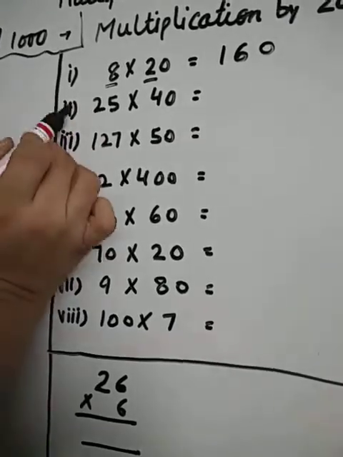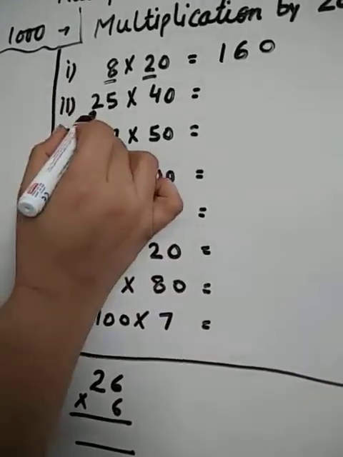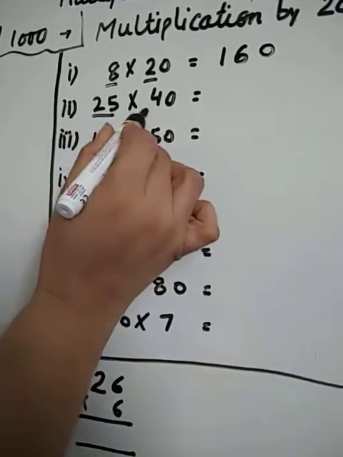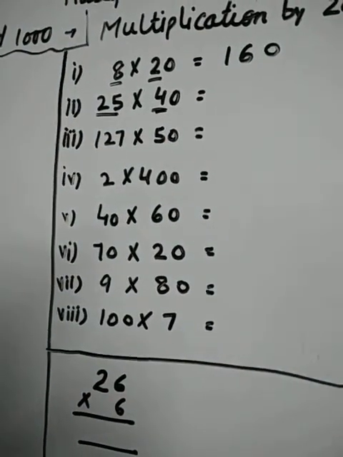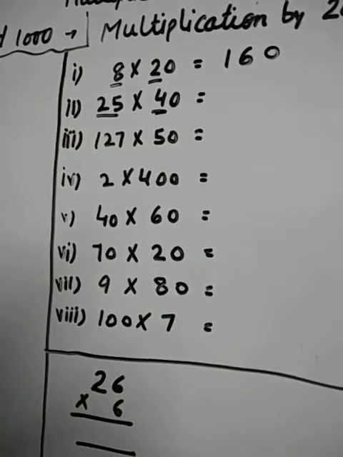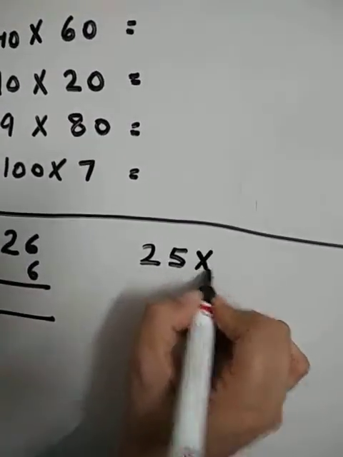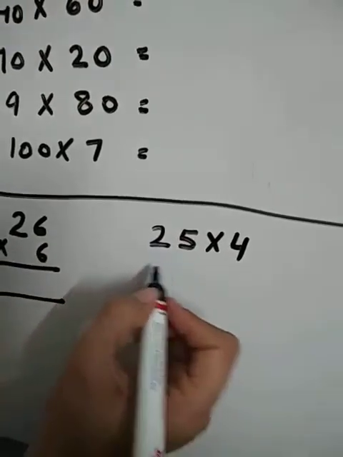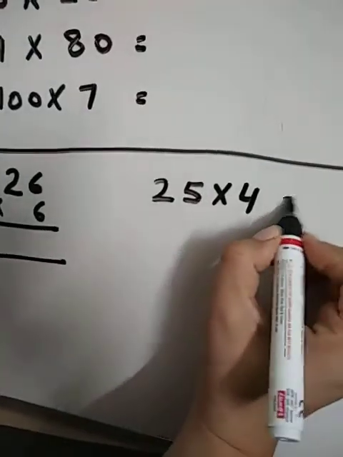Now the second part, 25 multiplied by 40. So again I will multiply 25 by 4. Now how will you do the multiplication? I will show you the multiplication in a rough column here. See. First I will show you 25 multiplied by 4. Now how will I do the multiplication?